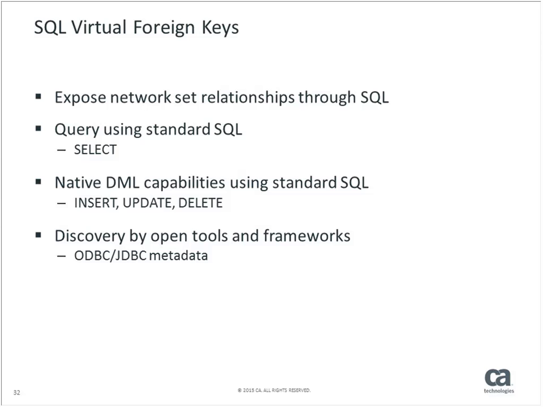In particular, set relationships, because IDMS databases typically do not have redundant data in them. So member records typically do not have the calc key of owner records, for example. We've had a variety of techniques to work around this, but in this release we've developed a feature called virtual foreign keys, which expose the network set relationships directly through SQL.